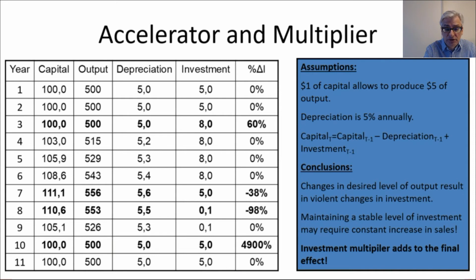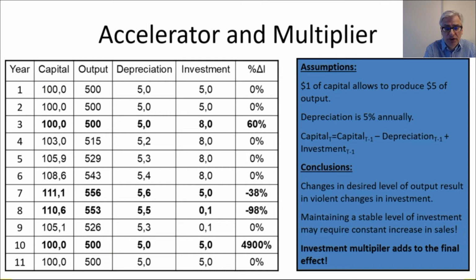But let us imagine that after increasing our production by 10%, we decide that was a bad idea. We don't want that. We actually want to go back to the previous level, output of 500, capital of 100. So what do we do? Well, actually for the next 2 years, this is year number 8 and 9, we do not need any investment. Well, I put 0.1 just to make a number.